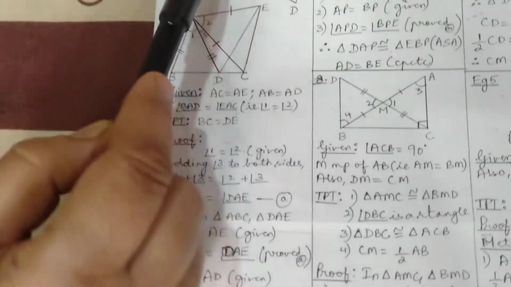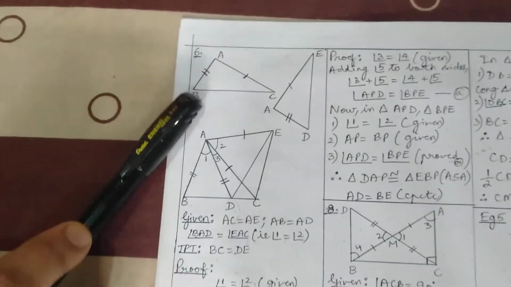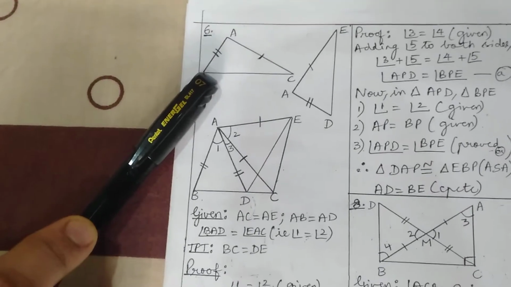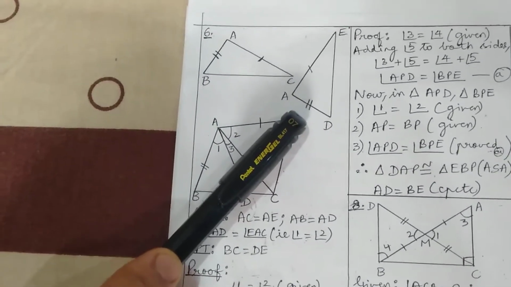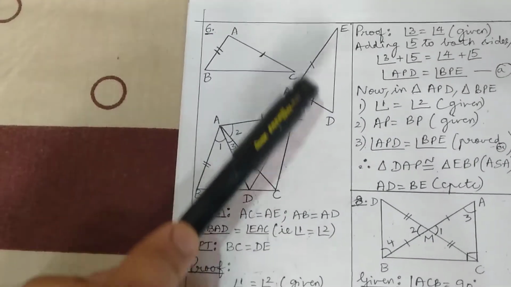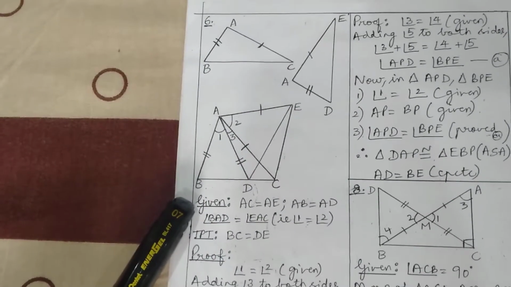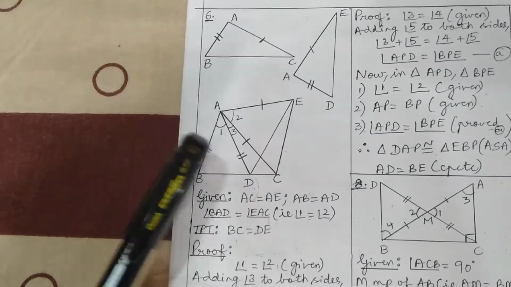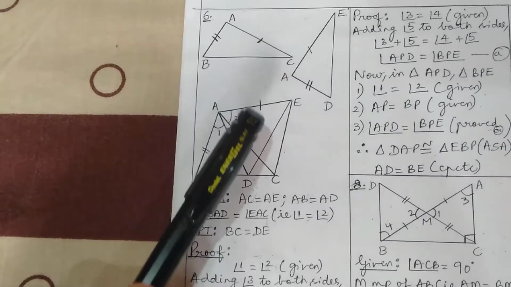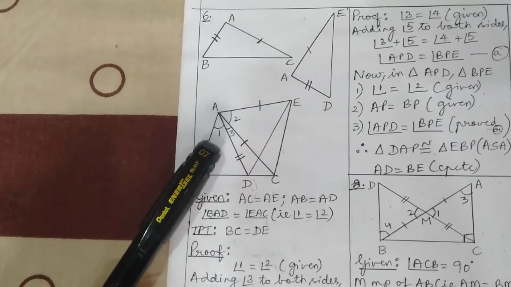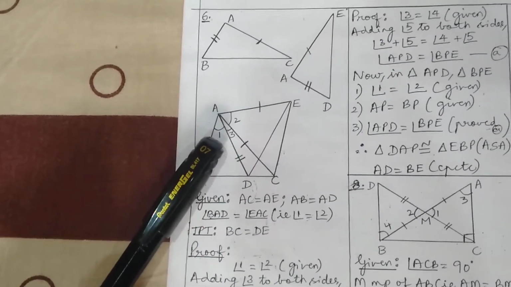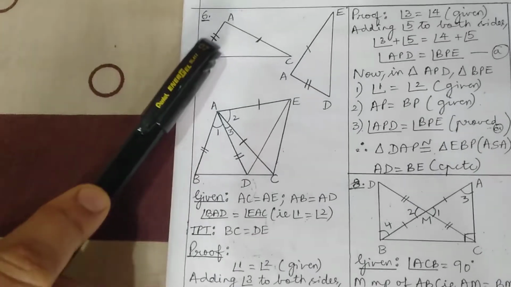Alright, so I have shown the two triangles ABC and DAE separately here, and I have marked off all the information given to us. Now we have another piece of information, angle 1 equals angle 2, but you see that angle 1 is not a complete angle in triangle ABC.